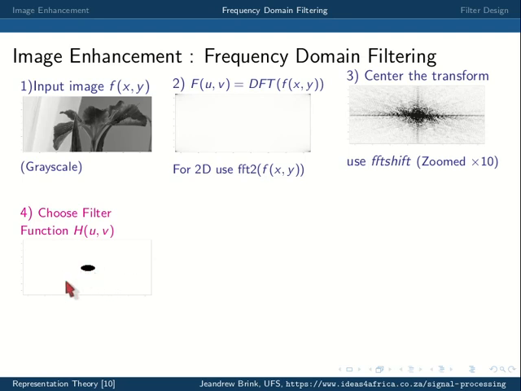It's an ellipse, zoomed also 10 times, so all these subsequent images are zoomed in 10 times because that's where all the action is. It's an ellipse that has zeros over here where it's white, ones over here where it's white, and zeros over here where it's black. What we're going to do is multiply this image with it.